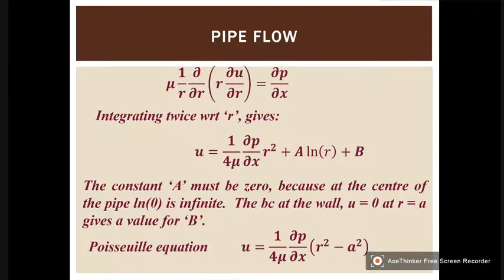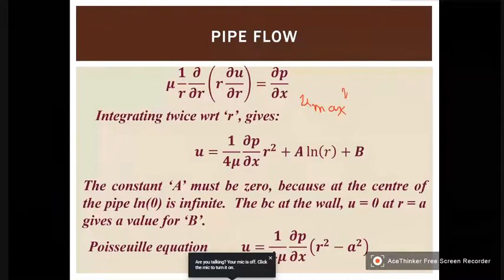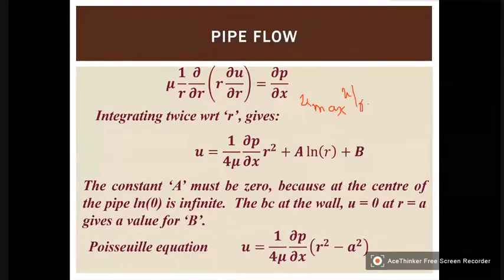Now, what is maximum velocity? How do you get maximum velocity? At center, sir. Yes. U corresponding to r is equal to 0.